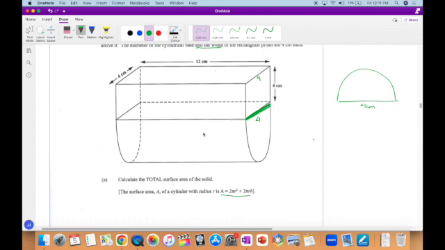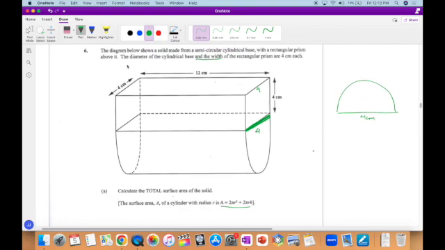First of all, let's find the surface area of the rectangular prism part of the solid. We know it wouldn't have a bottom, so we don't have to include that. We know that this is a square, so this is 4 by 4.